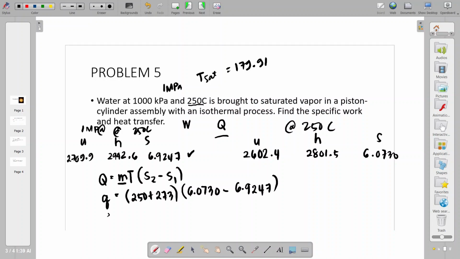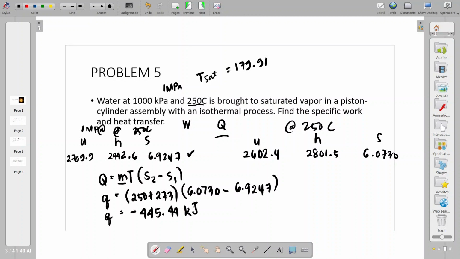Okay? Pag kinalcule natin yan, ang lalabas is negative 445.44. Okay, this is in kilojoule.